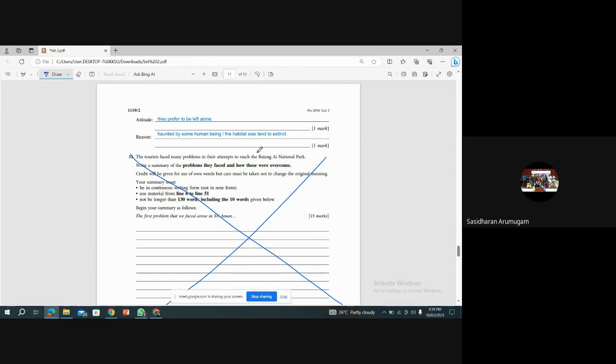So you need to write an email to someone, where you need to answer the questions. So no need to grab information from the passage.